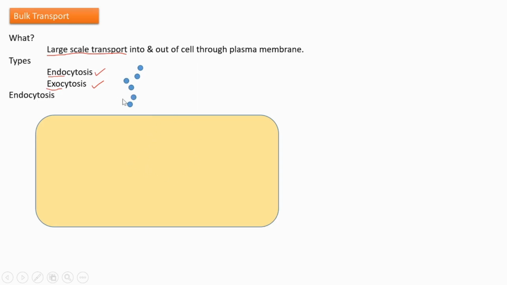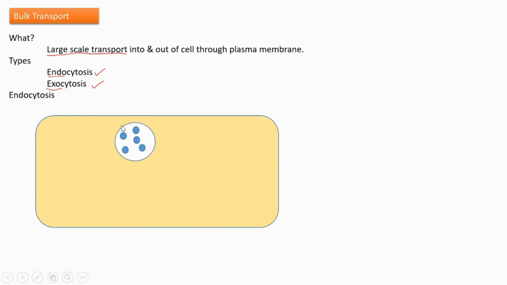The cell takes in substances, and for that, first the plasma membrane invaginates to form a pit. Then the pit size increases, and then it detaches to form a vesicle and takes in completely the substance that is present outside.